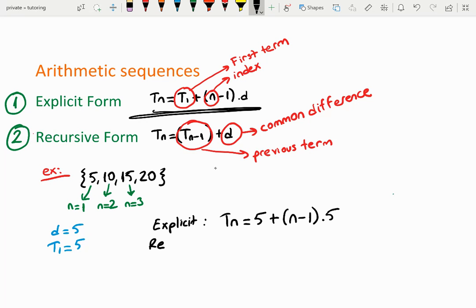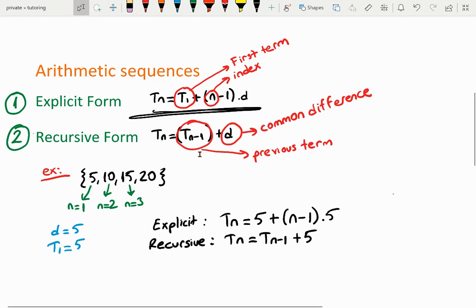And recursive form: Tn equals Tn minus 1 plus d, which is 5 in this example.